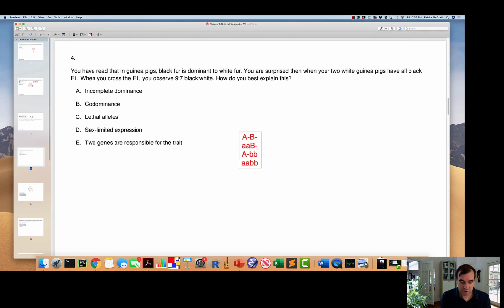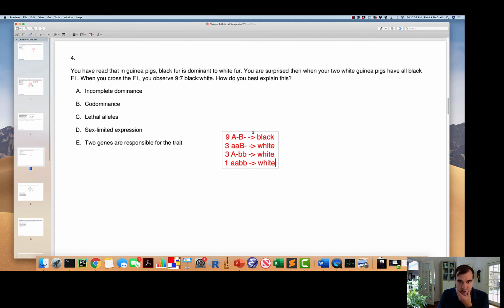And again, there's typically 9 to 3 to 3 to 1 ratios for this. And so we see 9 to 7. And so if we assign this as such, then we add up the 3 to 3 to 1, so 9 to 7 is possible.